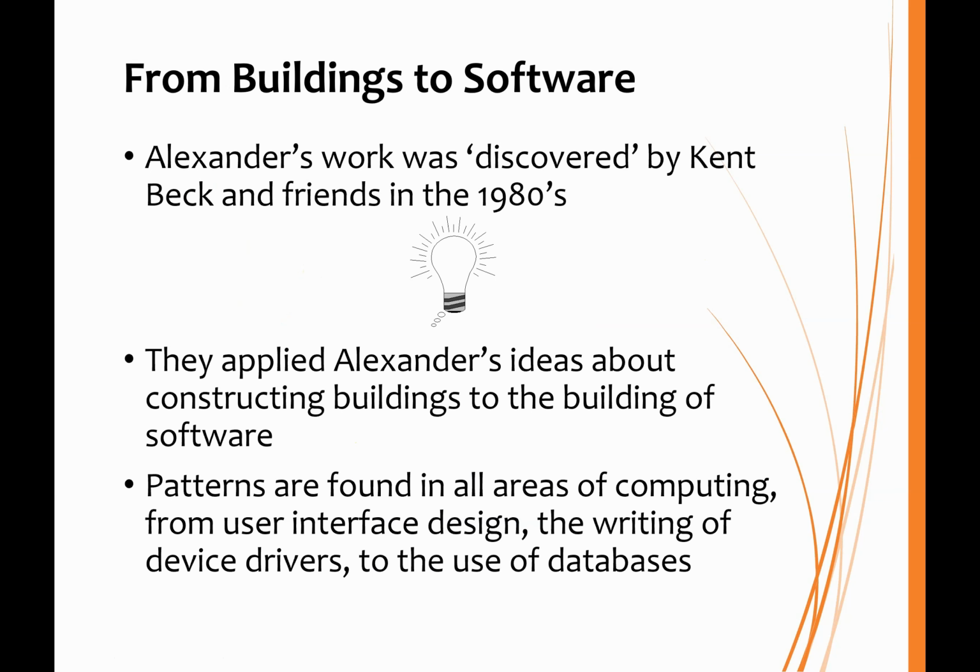Now, this concept was rediscovered in the 1980s and repurposed from building architecture to software applications. They identified a lot of problems that recur in computing and proposed solutions for those problems.